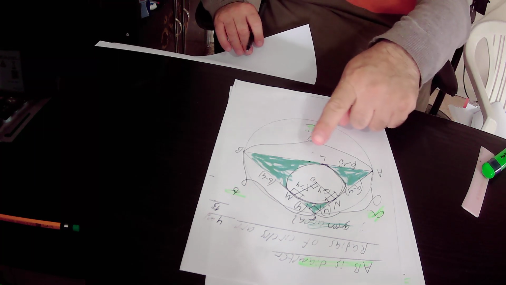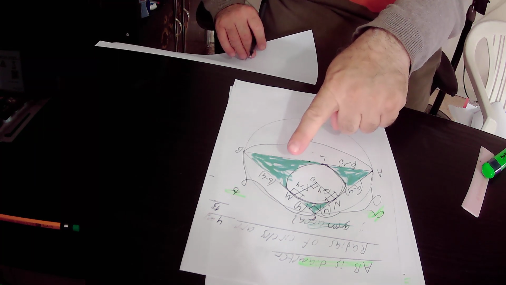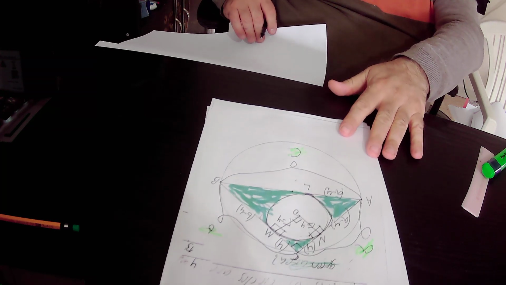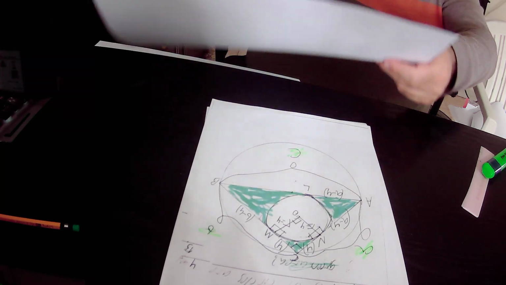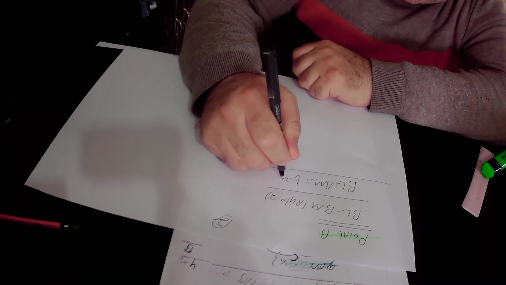But we have already found out that BM equals B minus 4. So we can write here that BM equals B minus 4.